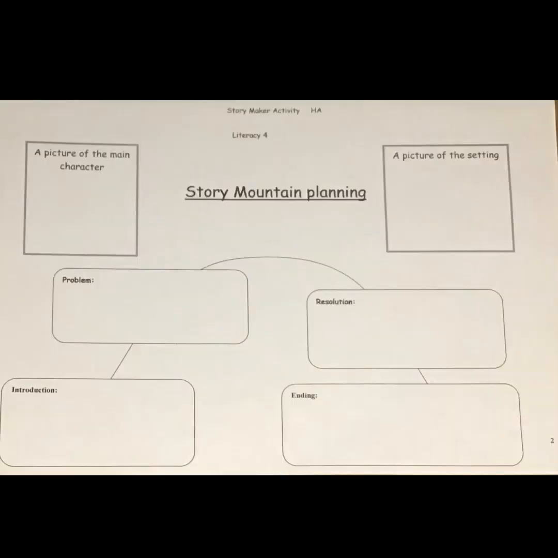Literacy 4 follows on from the Literacy 3 story maker activity. Children should use the stories that they made from the previous games to help them write the story for the story mountain planning. They should have a picture of their main character and a picture of their setting.